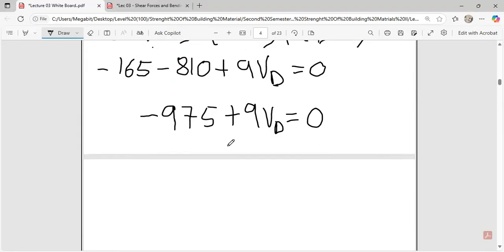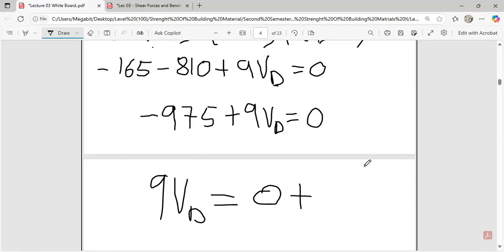So let's move this negative 975 to the right hand side so that it can become positive, and we find VD.